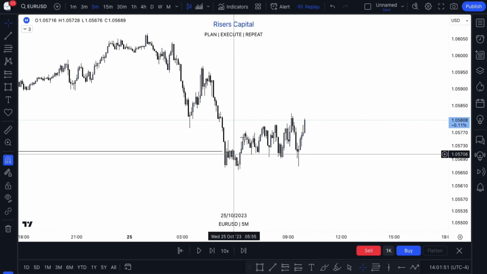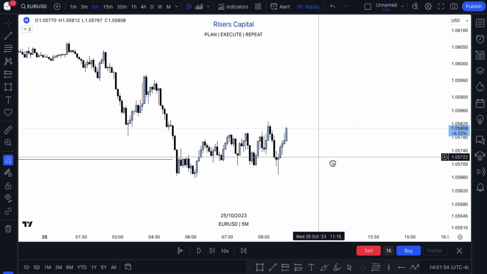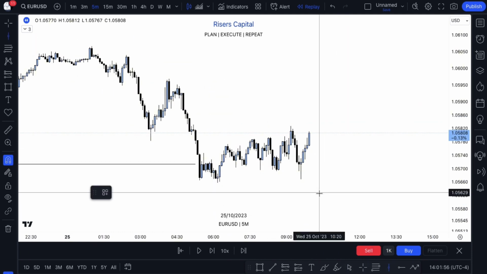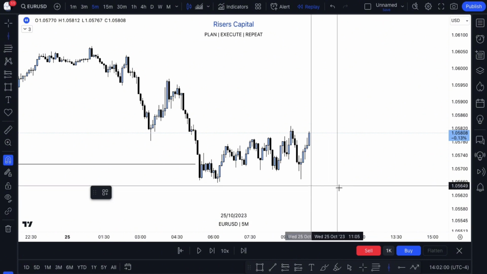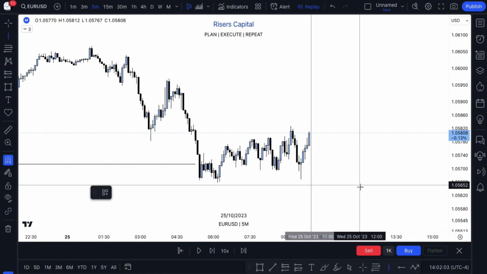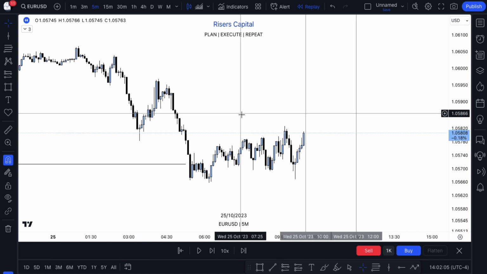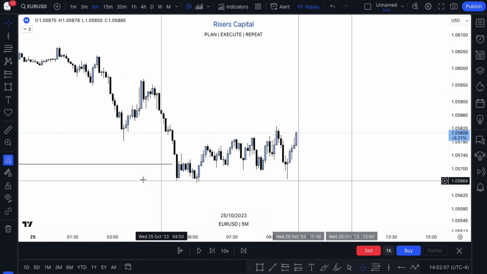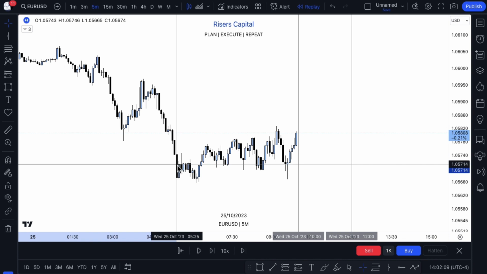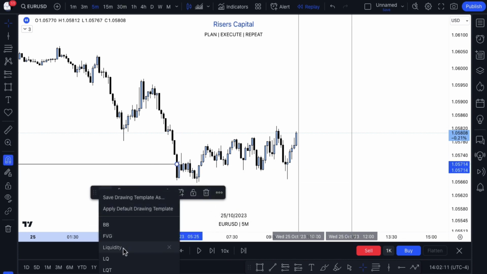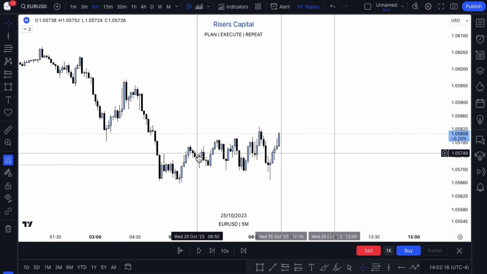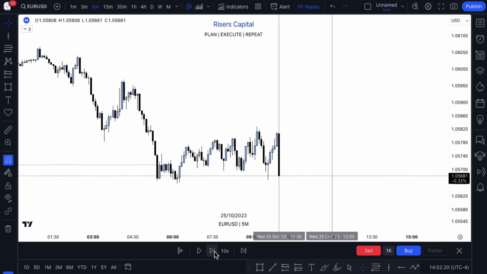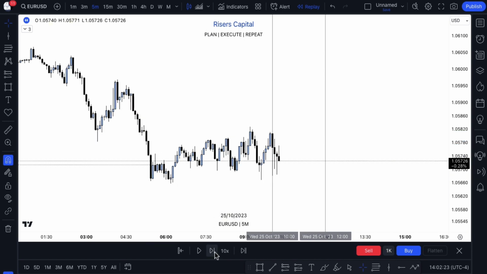This was the expansion move, and right now what we want to mark out is 10 a.m. to 12 p.m. So the 2-hour time window. And obviously we've had this liquidity sweep right over here. So I'm just going to have that marked out. And what would be nice, a market structure shift would be nice, displacement high would be nice for confirmation. So if I just put this forward, so it's still in the time window.